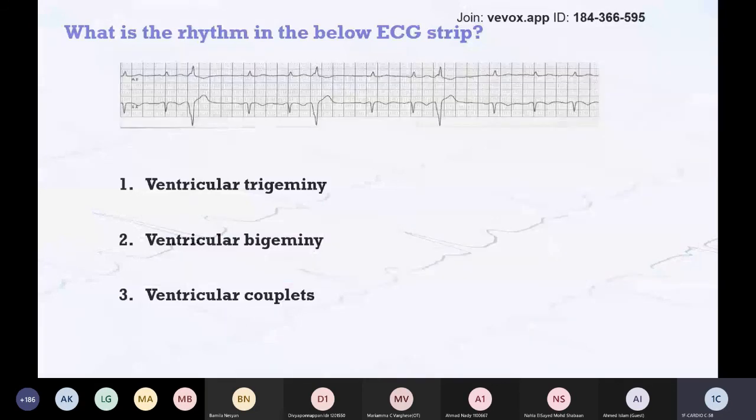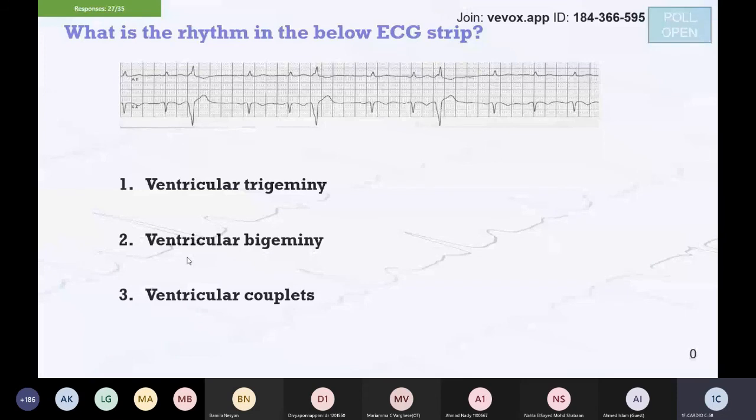So what about this one? Two normal, one PVC. Two normal, one PVC. So every third. So is it bigeminy, trigeminy, or couplets? So the answer is 82% trigeminy.